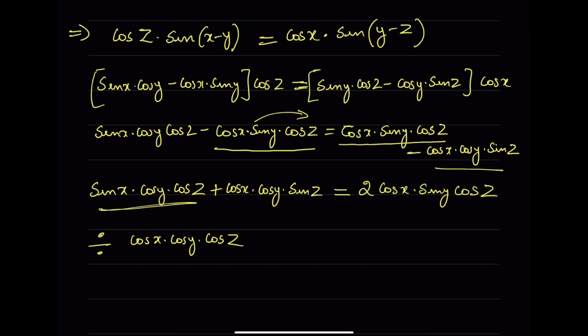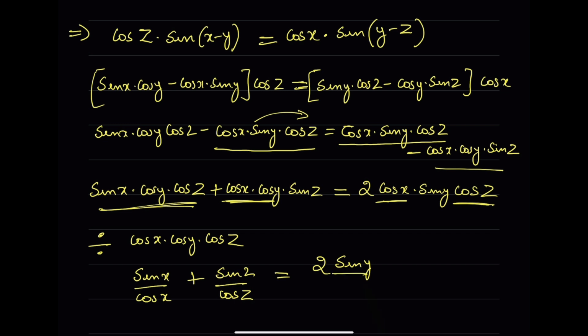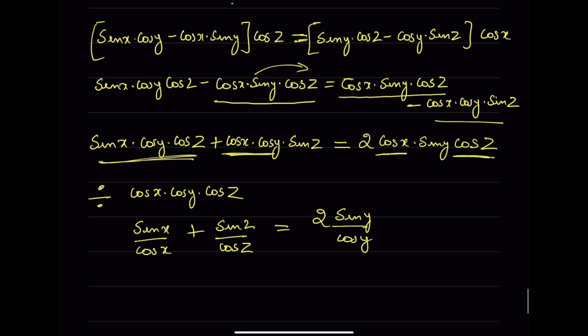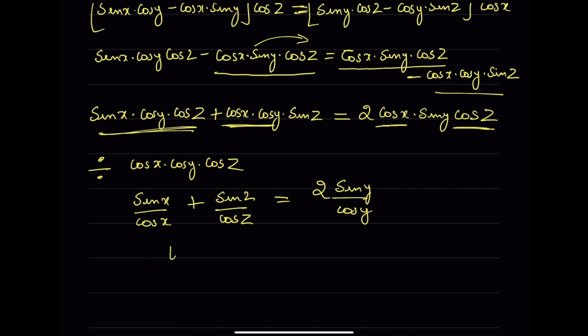So the first term we can cancel out cos y cos z, and we'll have sin x by cos x plus, and in the second term we can cancel out cos x and cos y, so we'll have sin z by cos z. This will be equal to 2 times, here we can cancel out cos x and cos z, we'll have 2 times sin y by cos y. So this is nothing but tan x plus tan z is equal to 2 times tan y.